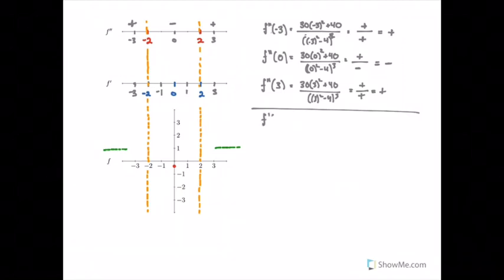We've got f prime of negative 3, which is going to be negative 10 times negative 3, over negative 3 squared minus 4 squared. If you square something, the answer is always going to be positive, so the bottom is positive, and the top is also positive, giving us a positive number.